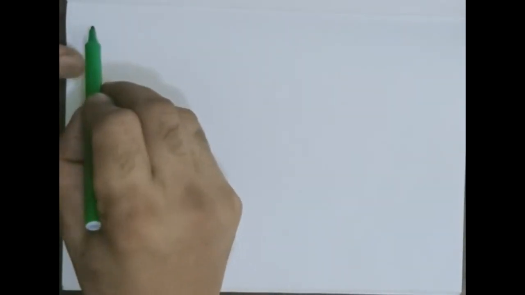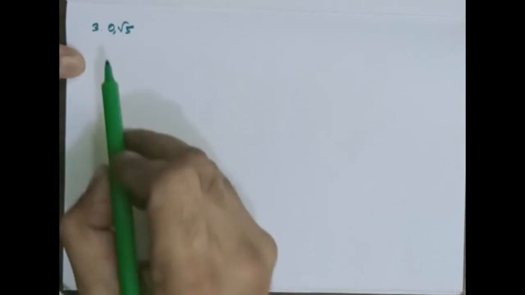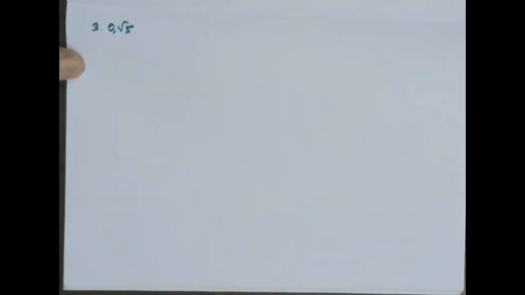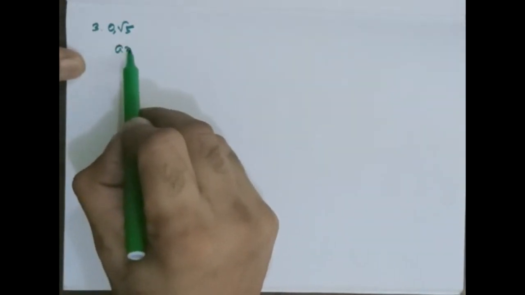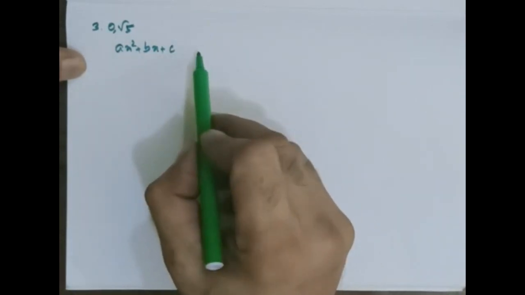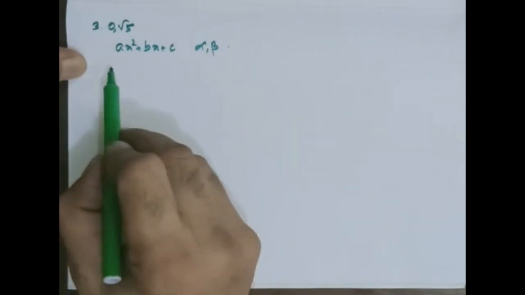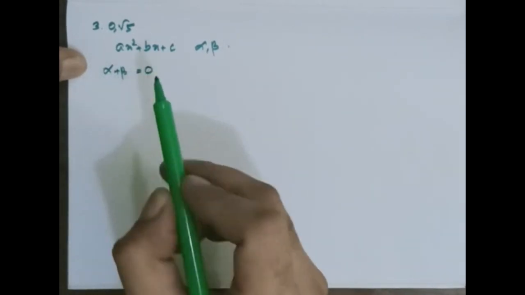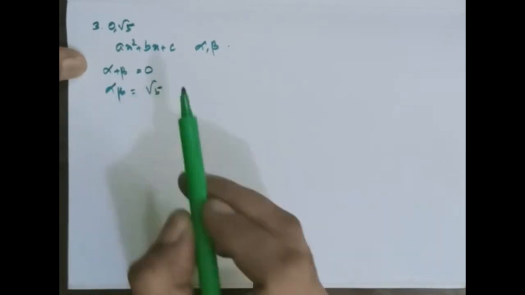Next, third one, 0 comma root 5. So let ax square plus bx plus c be the polynomial and its zeros be alpha comma beta like the previous. What is alpha plus beta? Equal to 0. And what is alpha beta? Equal to root 5.